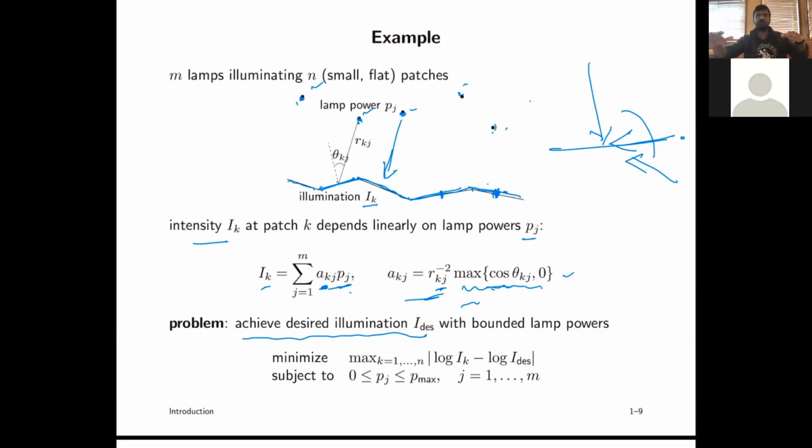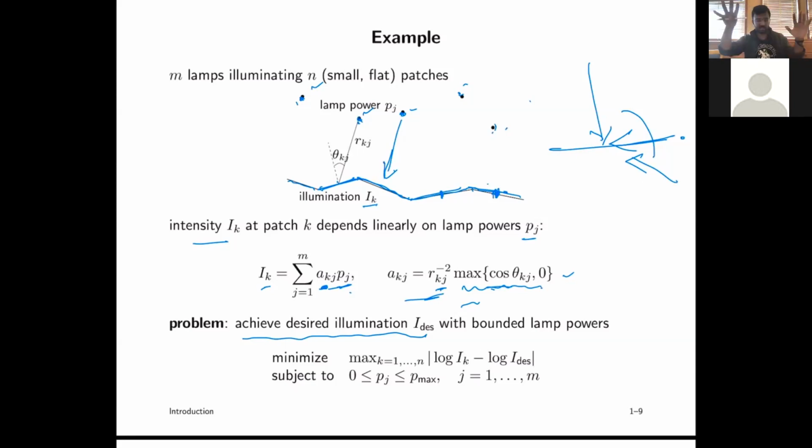So we have different patches. One patch is illuminated by all the lamps, and it is situated at different distances and different angles. For the other patch, the distance and angle again vary, because the patch is here, here, so the angle is different for both patches. So now this is a complicated problem, right?